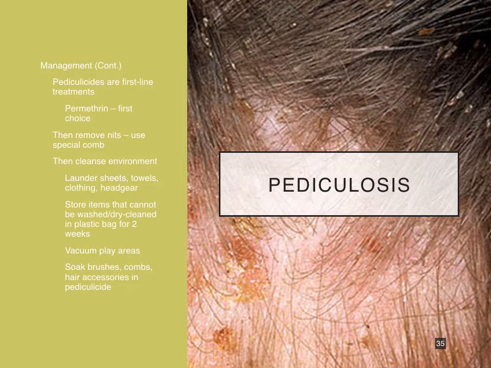So pediculicides are the first line treatments. Permethrin is the first choice. There is some resistance to permethrin and the other one, I forget what the name is. They're very similar names. They come from chrysanthemums, actually. And then with these lice kits, they come with little nit combs to remove the nits.